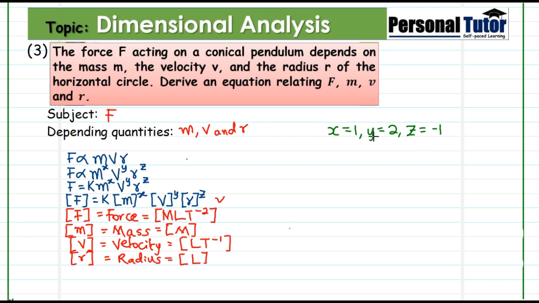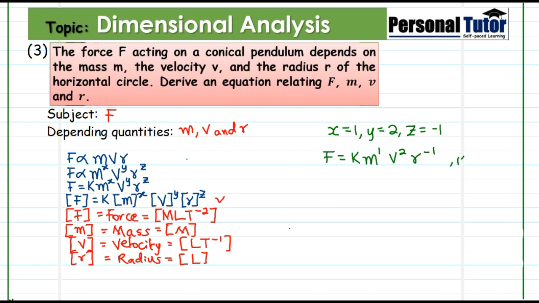Knowing the values which we now know, we could go back to this equation and say F, that is the force, is equal to K unknown, M exponent S, which is positive 1, V exponent Y, which is 2, or R exponent Z, which is negative 1.